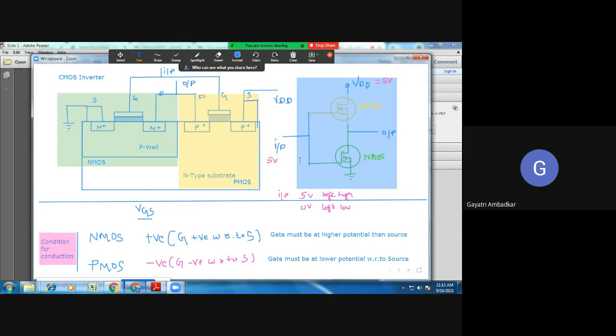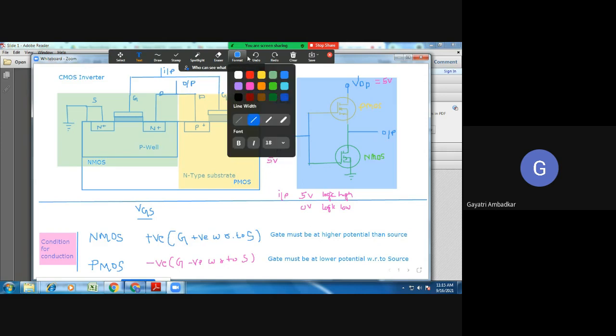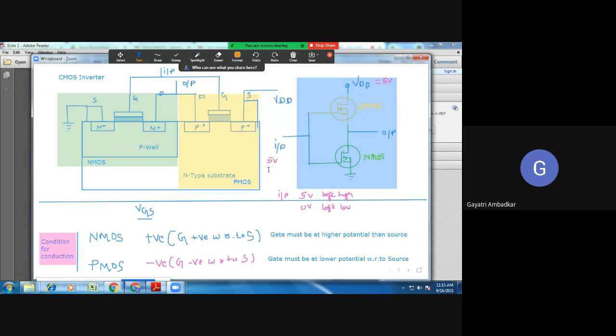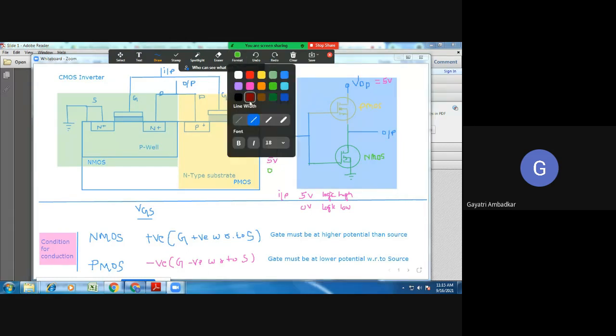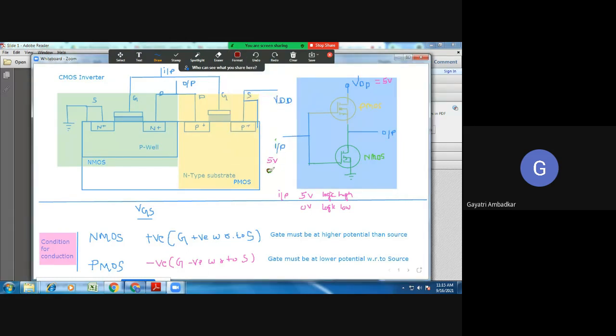Now next case. Let us take input as 0 volt, logic low. What is the status of NMOS and PMOS? Look at the condition: gate must be at higher potential than source. Gate is at 0 volt and source is also at 0 volt.